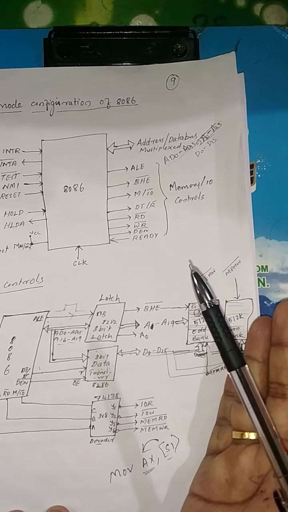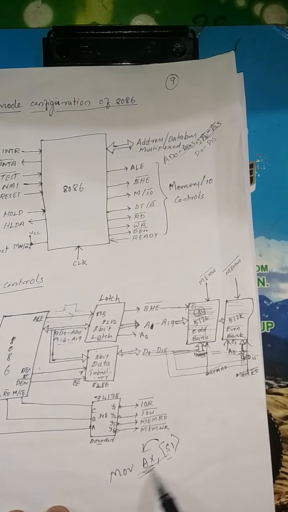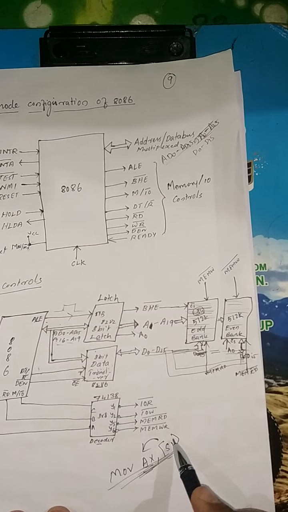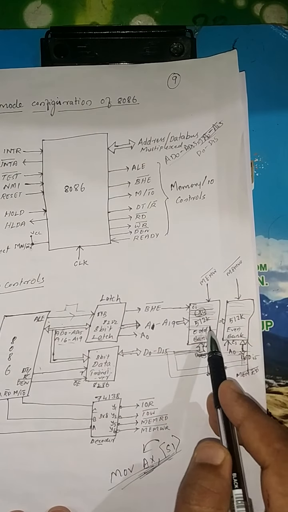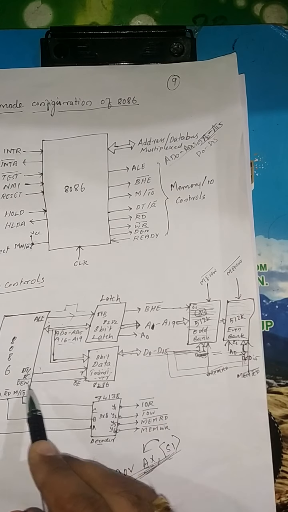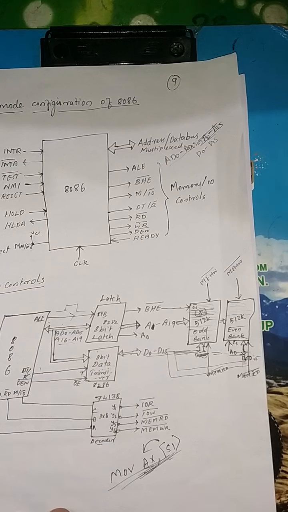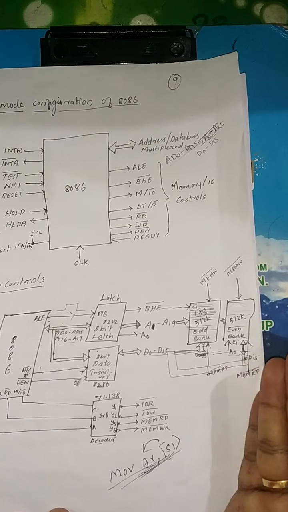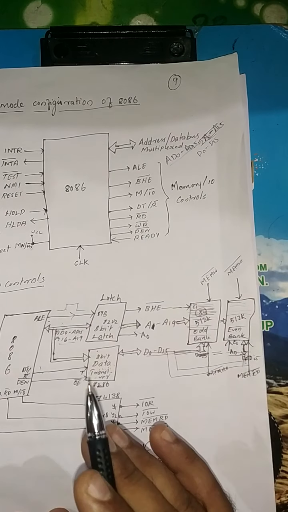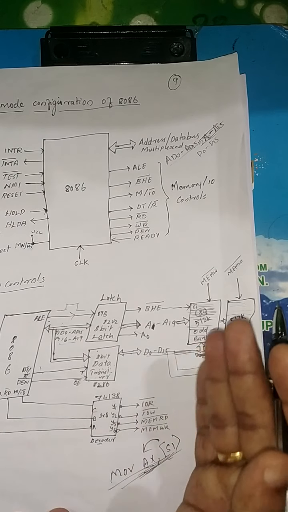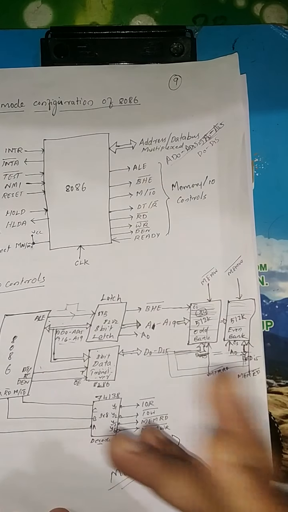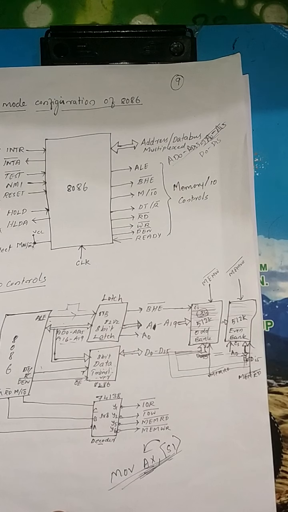Suppose the microprocessor is reading from the memory, so the direction is towards the microprocessor, so it is receiving, and DT/R bar will be 0. So if it is writing into memory, DT/R bar will be 1, and if it is receiving, that signal will be 0.